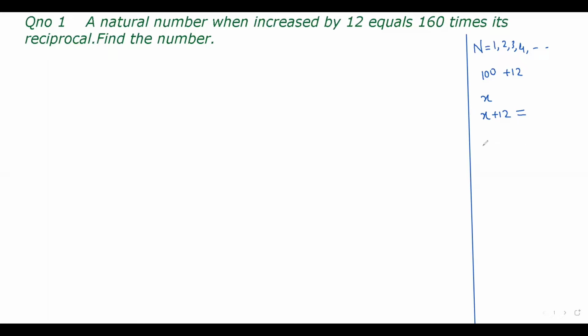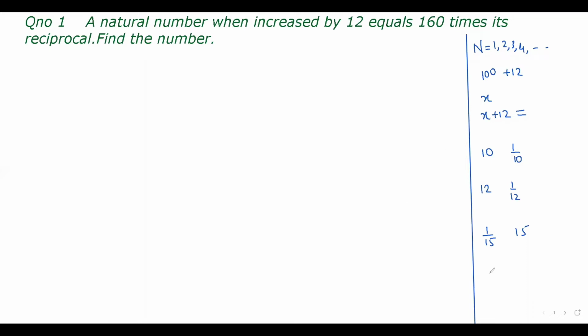Okay, so what is reciprocal? Reciprocal of 10 will be 1 by 10. Reciprocal of 12 is 1 by 12. Or reciprocal of 1 by 15 will be 15. Okay, so we just interchange the numerator and denominator. That is reciprocal.